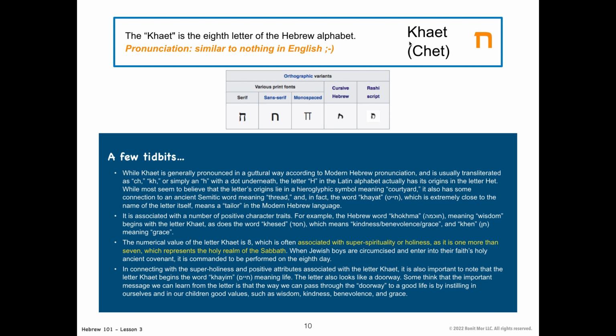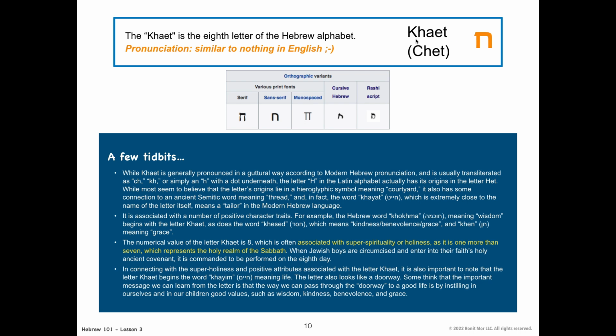So as I described before, most people would write it like ch, and I find it very confusing because then you can just say chet, right? And it's not. So I'm going to be using kh to denote this sound.